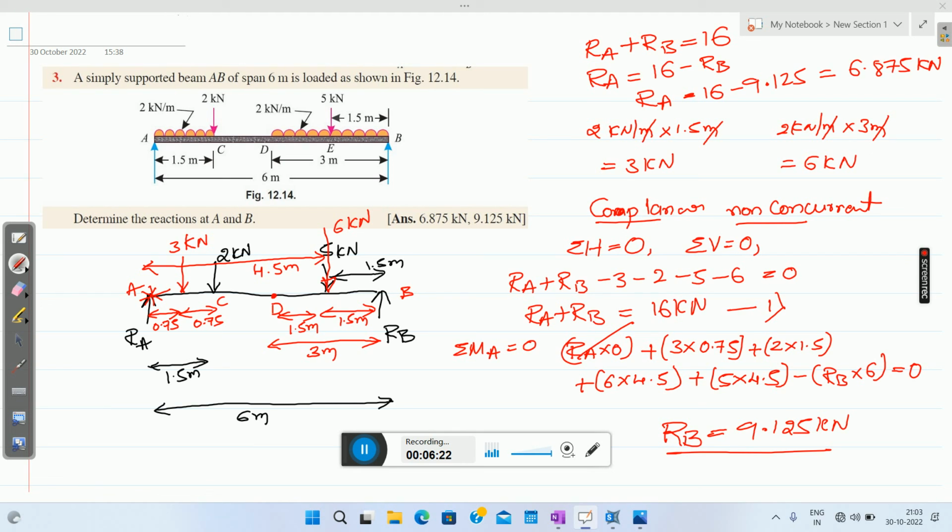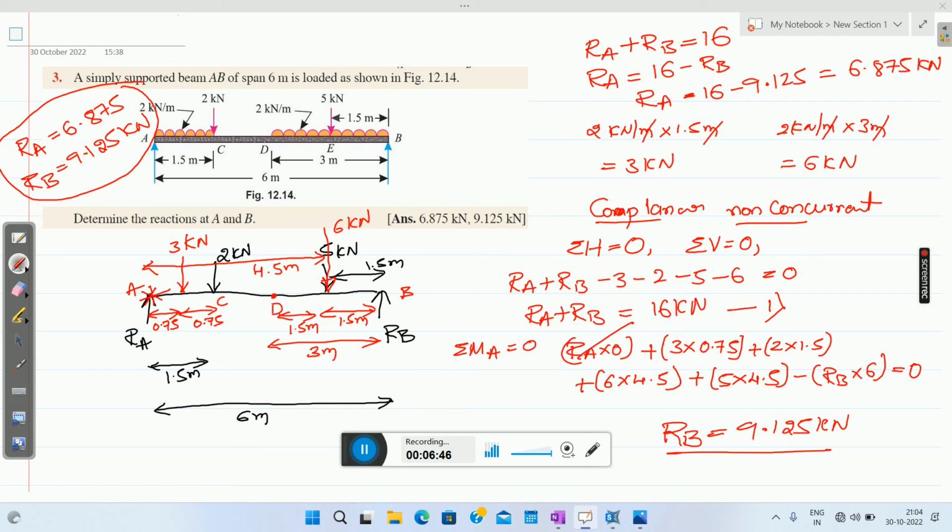So my final answers are: reaction RA equals 6.875, and reaction RB equals 9.125 kilonewton.